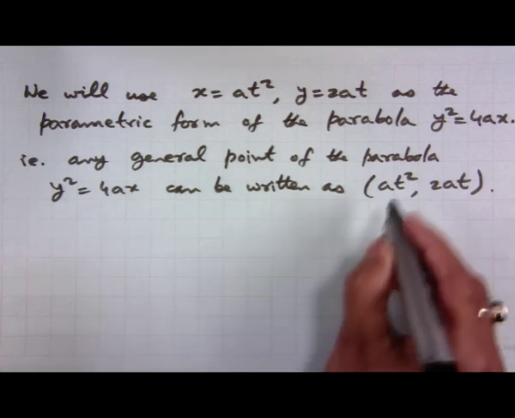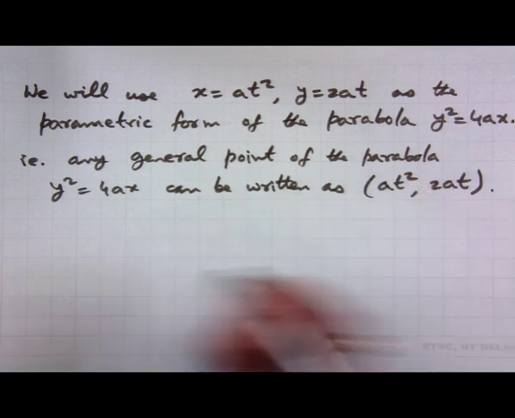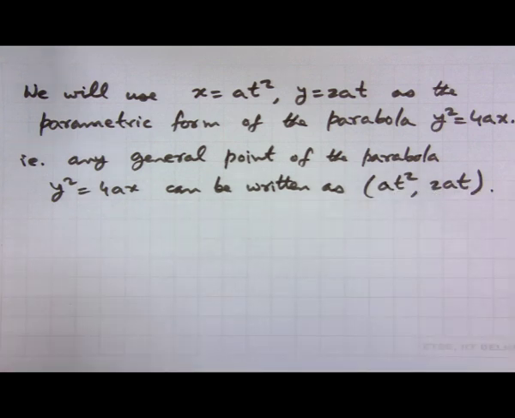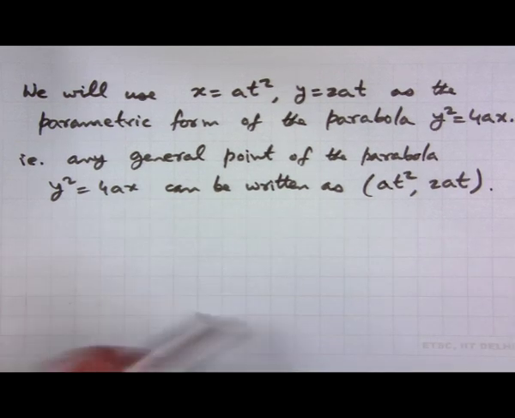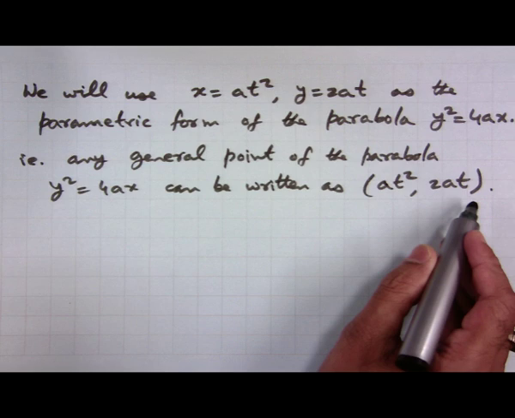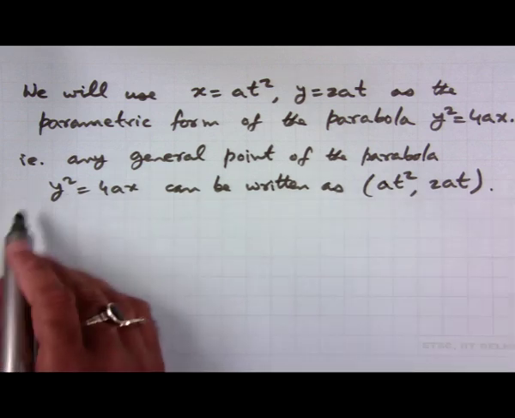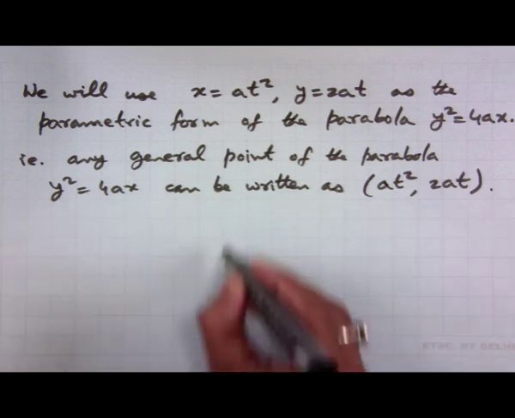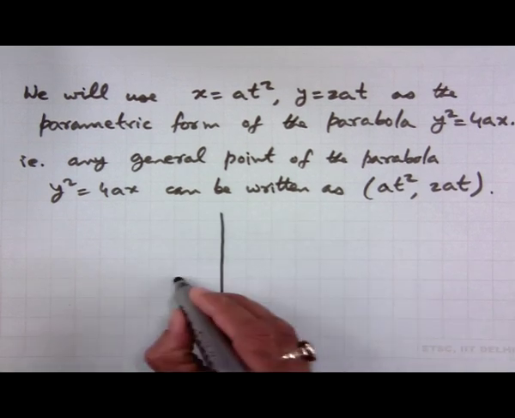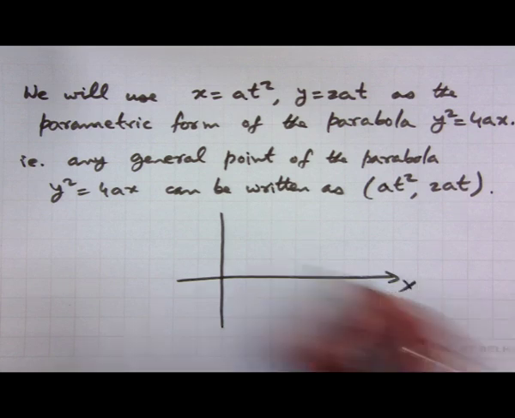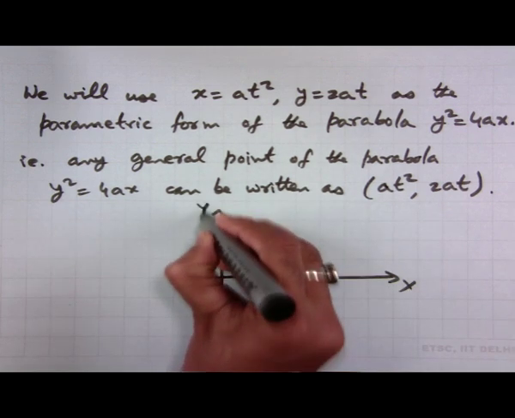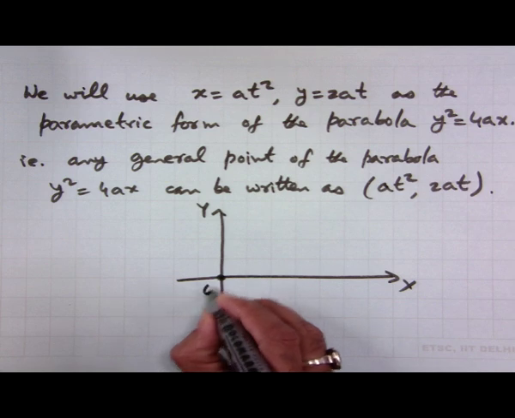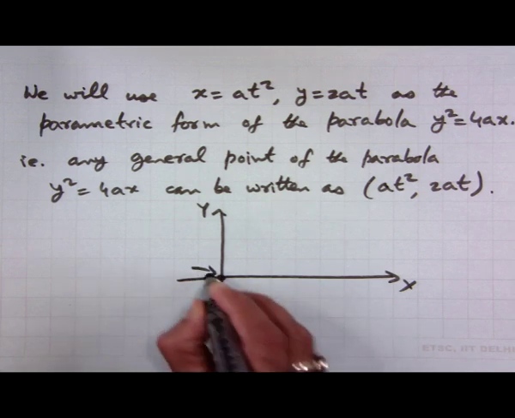The advantage of this is that we use only one parameter t to describe any point on the parabola. This already satisfies the equation. If you write a general point as x 1, y 1, then you have to use one more equation, that y 1 square equal to 4 a x 1. At t equal to 0, you get the vertex 0, 0.